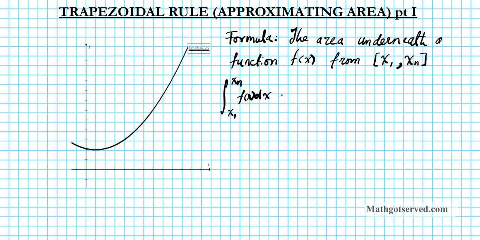Now this can be approximated using something known as a trapezoidal approximation or trapezoidal rule. In this case, we're going to use the trapezoidal rule with n equal subintervals. Okay?